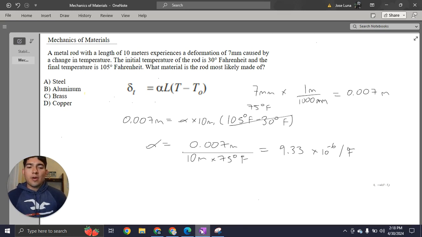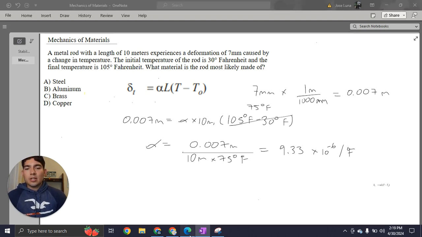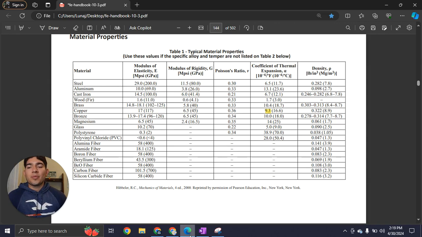Alright, so now that we have our coefficient of thermal expansion, we are going to use the FE reference manual once again. Let's go to page 138. In this case, we have a table of typical material properties. We're going to go to the coefficient of thermal expansion column. We'll find our value. So here we have 9.3 times 10 to the negative 6 per degrees Fahrenheit.